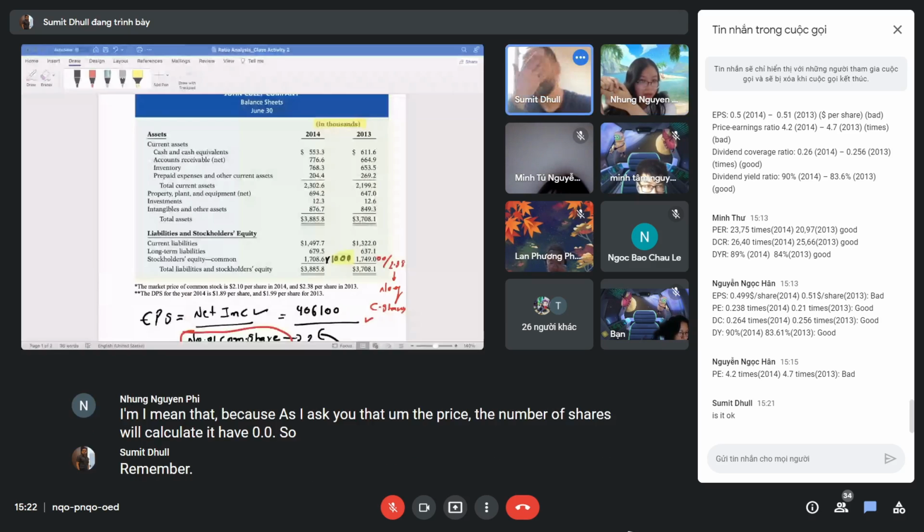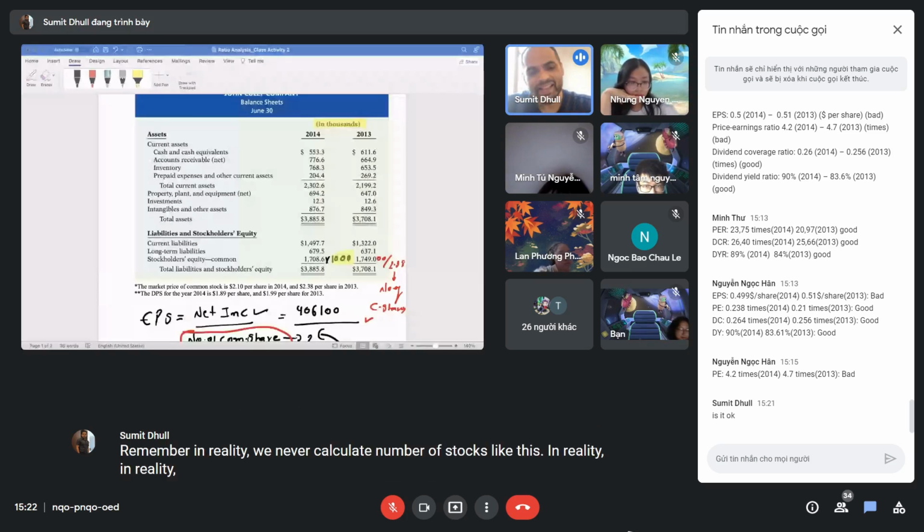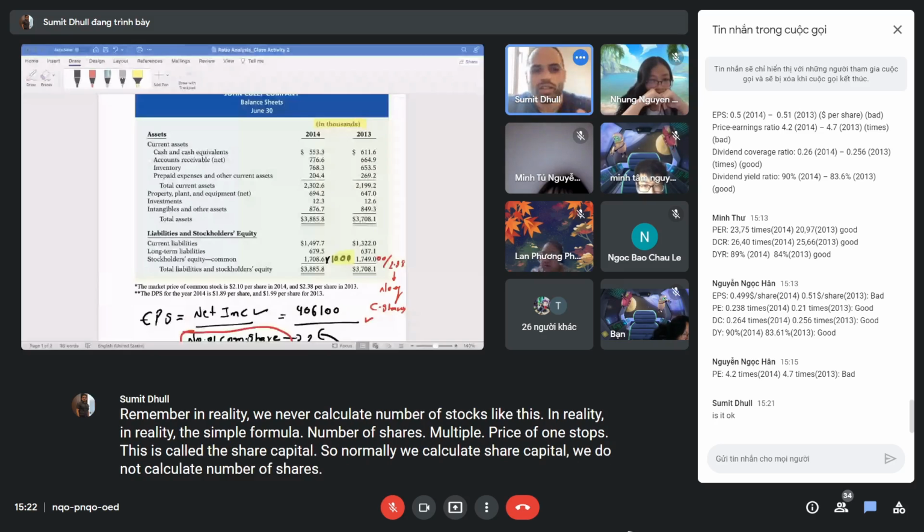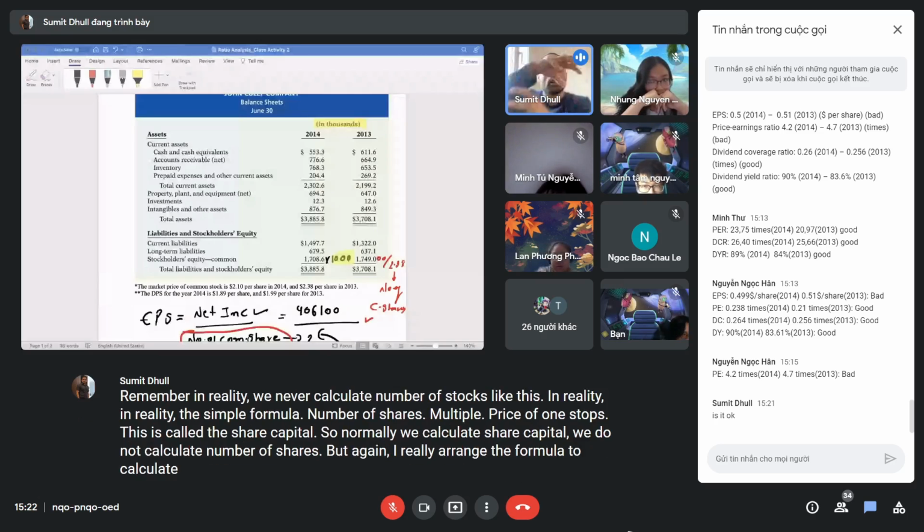Remember, in reality, we never calculate the number of stocks like this. In reality, the simple formula is number of shares multiplied by the price of one stock. This is called the share capital. So normally we calculate share capital. We do not calculate the number of shares. But again, I rearranged the formula to calculate the number of shares.